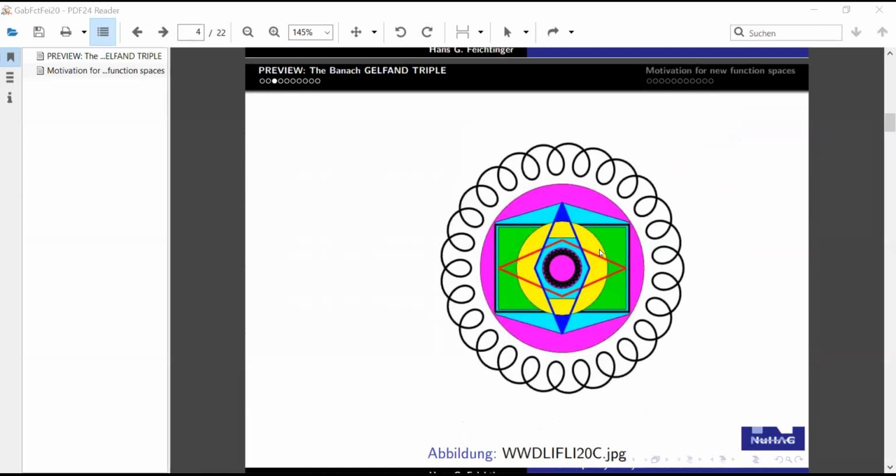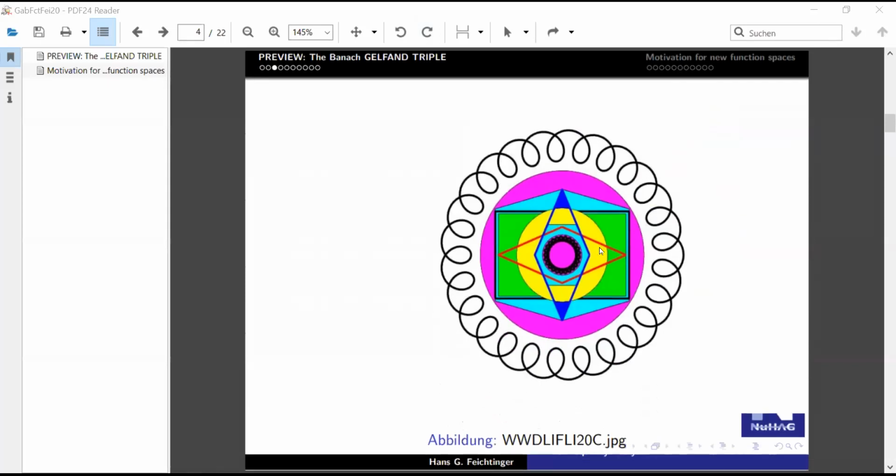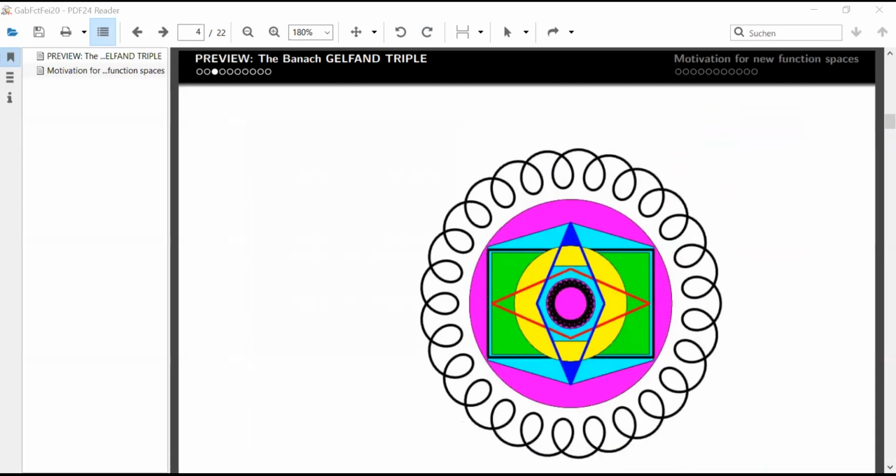Now, most of you probably are familiar with the Schwartz space. So the Schwartz space is the space of rapidly decreasing functions. Inside of the zero Segal algebra, you would have the space of rapidly decreasing functions, and the dual space is the space of tempered distributions.